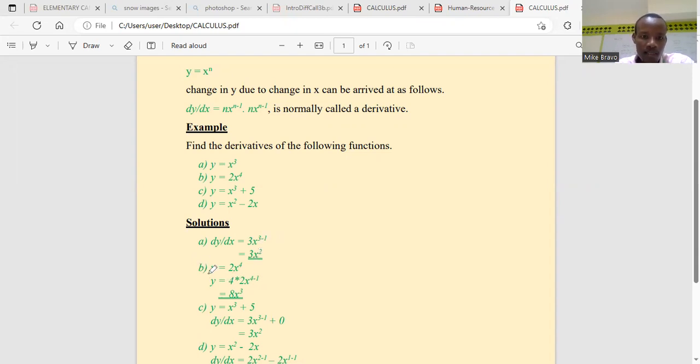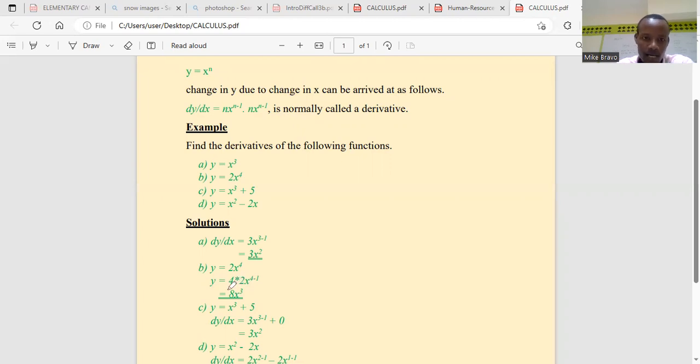Then let's now look at function b, which states that y equals 2x power 4. So first of all, we bring this index down, which is 4. As you can see, it's the same 4 I have brought down here, times the existing 2, the number that is already here.